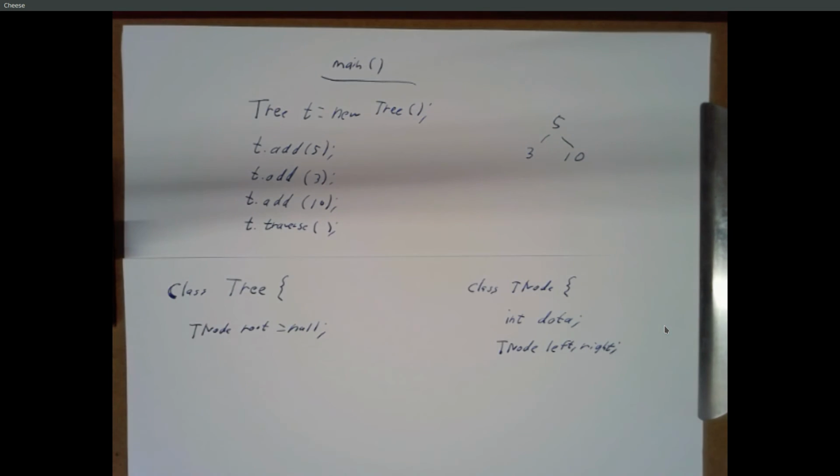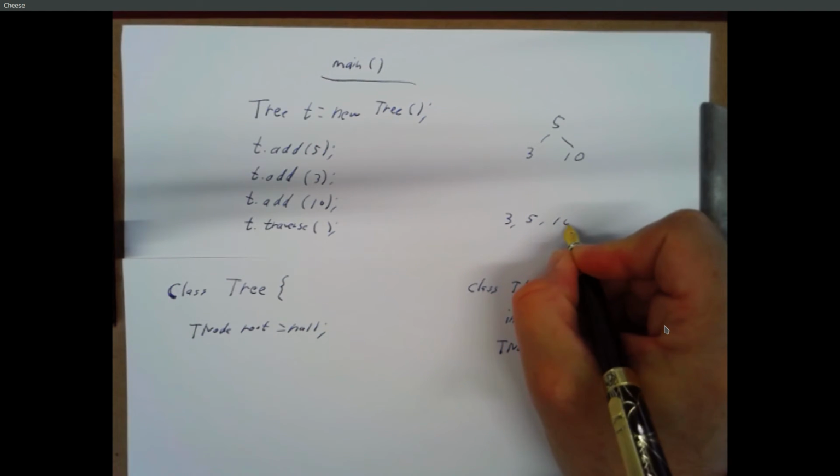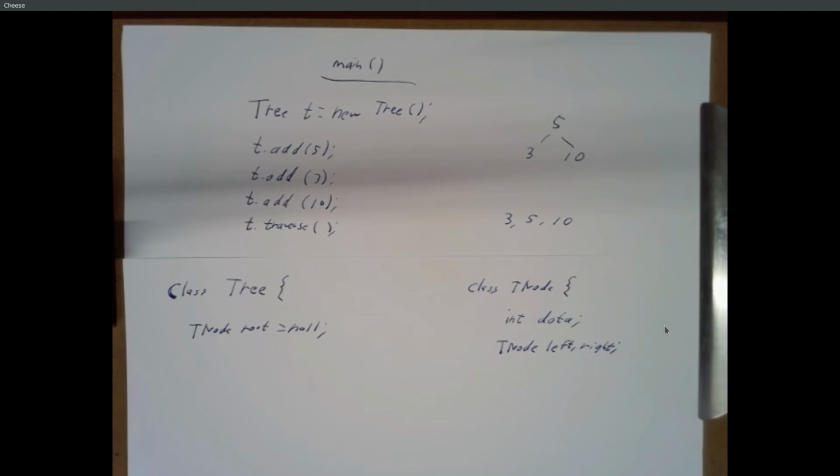And then we could say T dot traverse, and that would print out maybe a comma separated list. And we could search. So we could say T dot search, give it a value, and it should come back true or false.